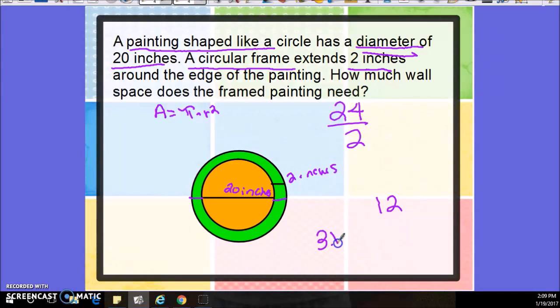So we're going to use 3.14 times 12 squared, and that will give us 452.16 square inches on the wall.